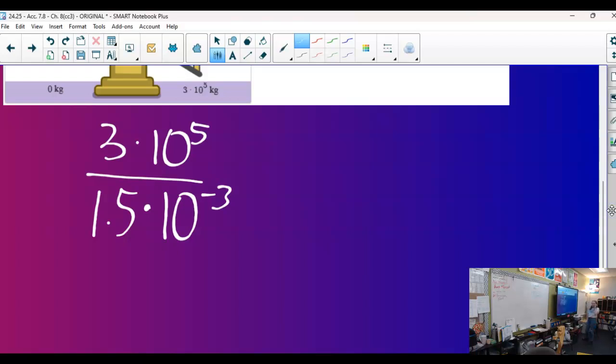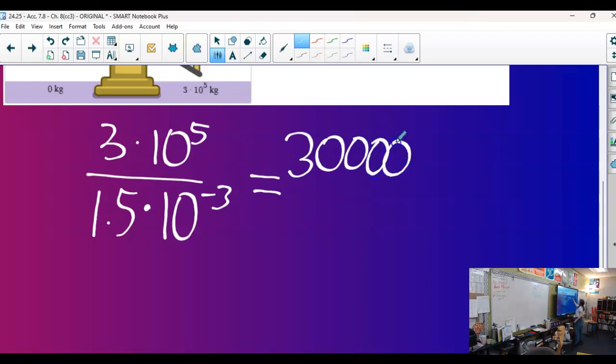If we go back to standard form, practice switching those numbers back to standard form. You should have that written on your paper. So 3 times 10 to the 5th becomes what? 300,000. And 1.5 times 10 to the negative third, same divisor we had last time.